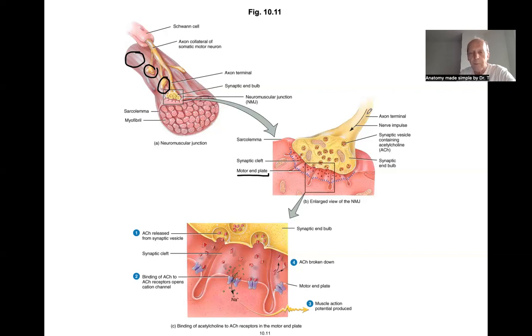So here's a nerve, axon terminal, electrical current traveling down to the synaptic end bulb. It contains vesicles storing neurotransmitter, and they're just waiting for release.